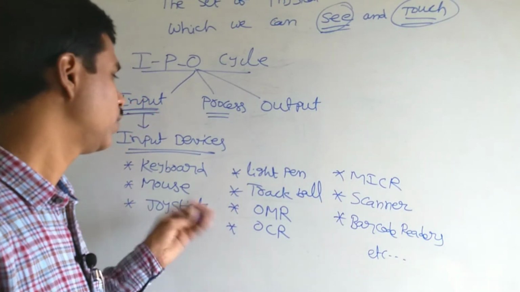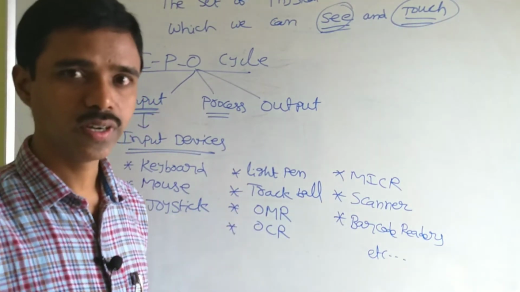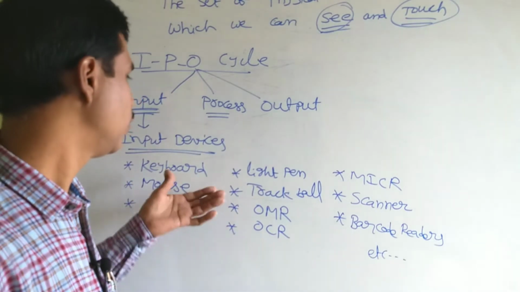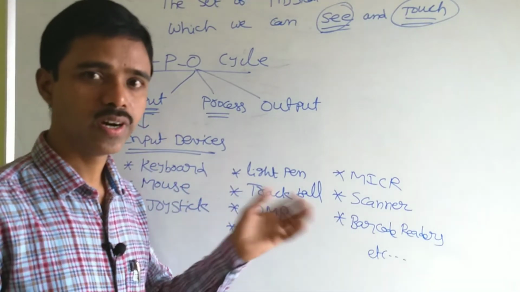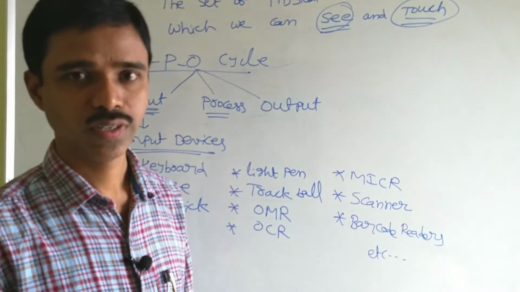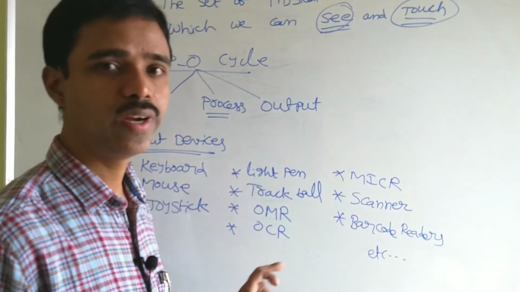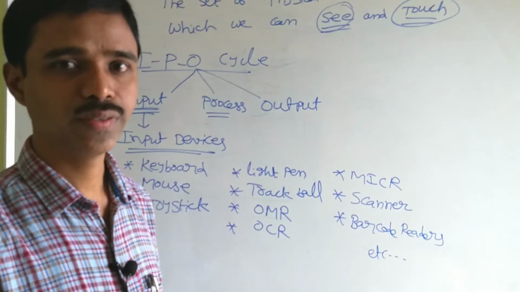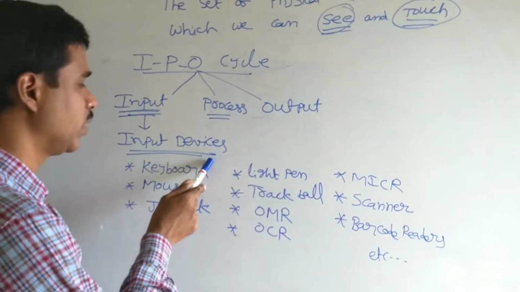Coming to the functionality of each and every device, I will explain in another video. So just try to understand whether it is a hardware component or not. Why? Because all these components we can see and we can touch. These components help us to input the data into the computer, so they are called input devices.